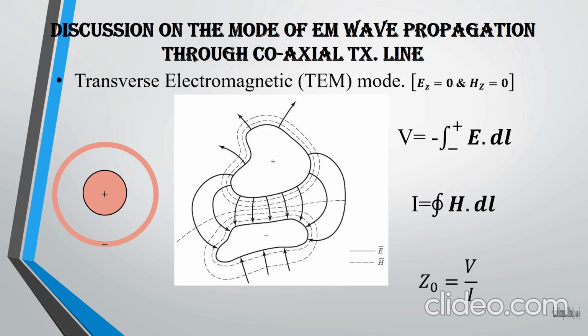Also, this transverse electromagnetic mode will exist only when at least two parallel conductors exist, and these two conductors should have a finite potential difference. Then only transverse electromagnetic mode will exist.